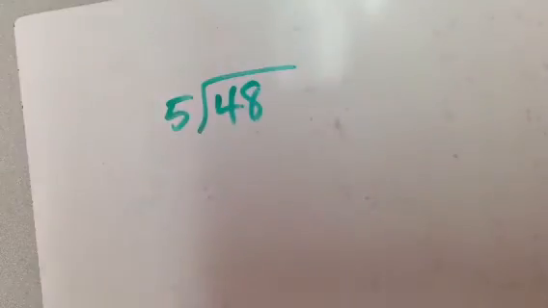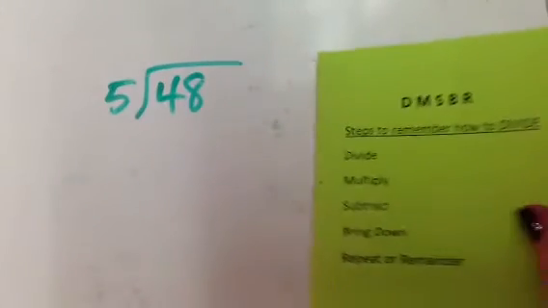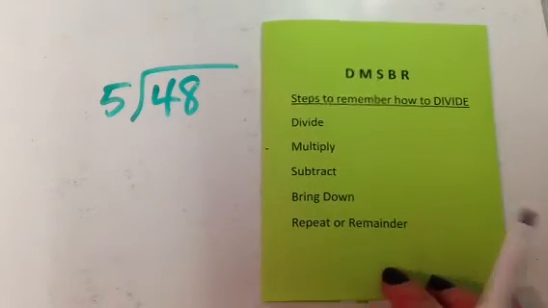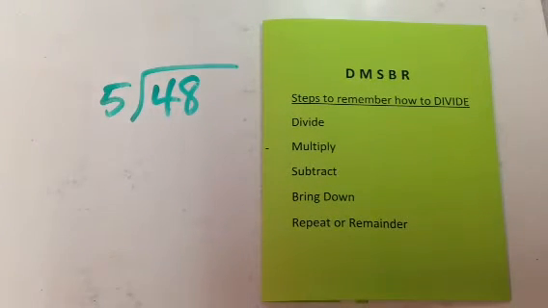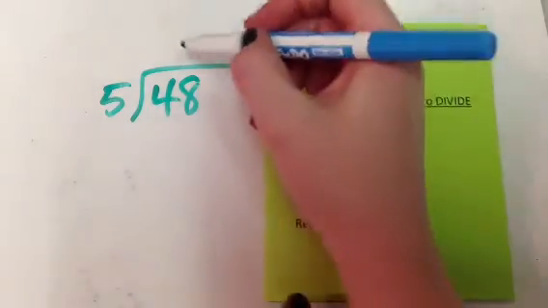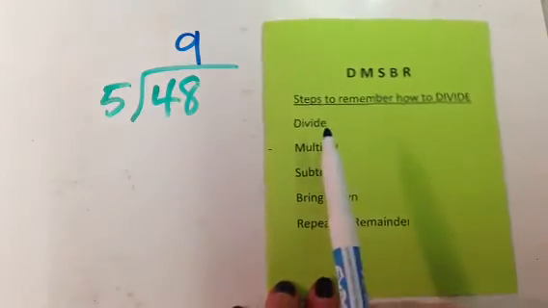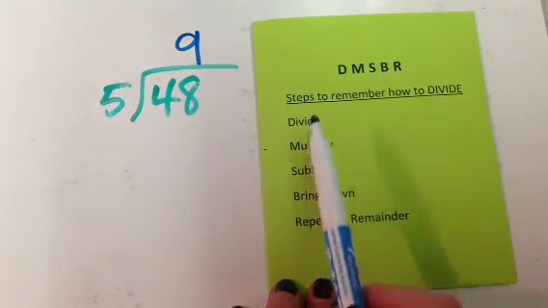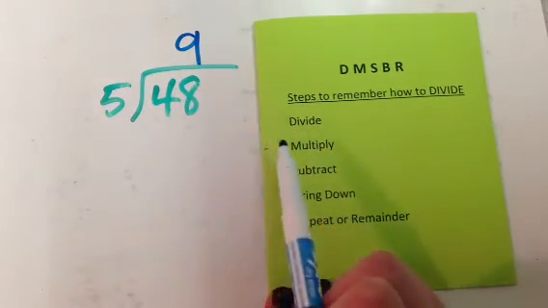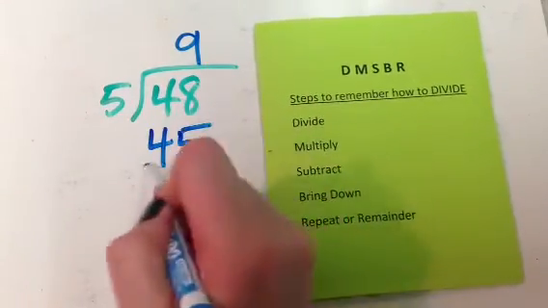What happens if I want to divide 5 into 48? So again, what's the closest that it can go in? The closest multiple that can go into 48 without going over. Well, it's just like the last problem, right? It's 45. But see what happens when I do this? So I divide it in. Now I'm going to multiply 9 times 5, 45. I write that under here.